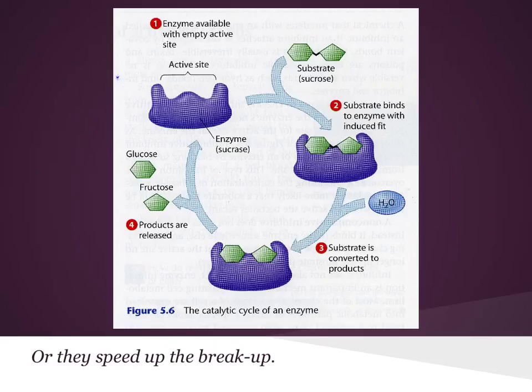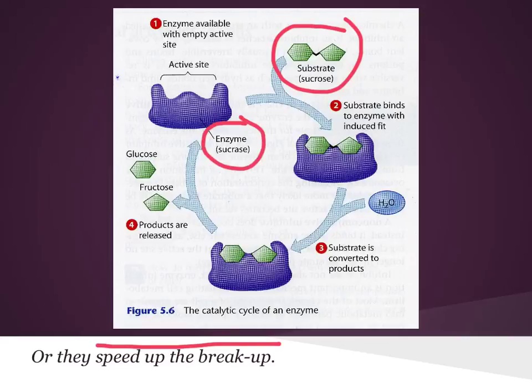If we can understand that some enzymes act as matchmakers, other enzymes decide that instead of making the match, they will instead speed up the breakup. For example, if a disaccharide like sucrose is the substrate for a particular enzyme, such as the enzyme known as sucrase, that substrate will fit very well into the enzyme's active site, and that enzyme will facilitate the bond breaking, or the breaking up of these two monosaccharides.